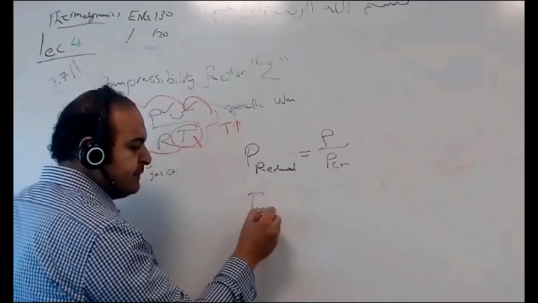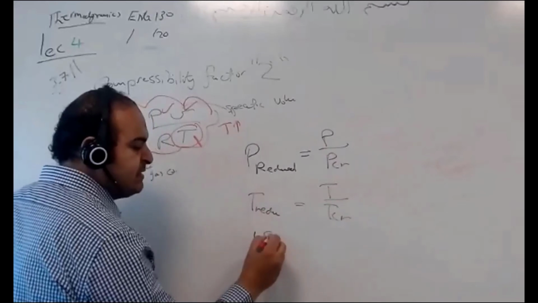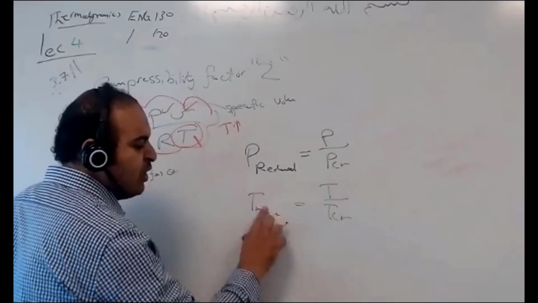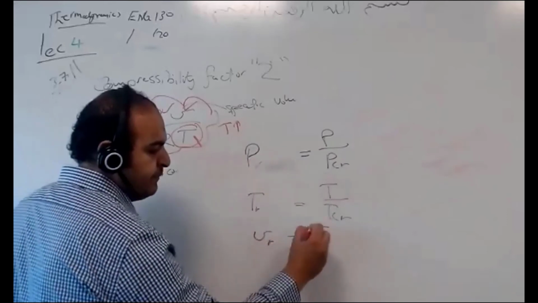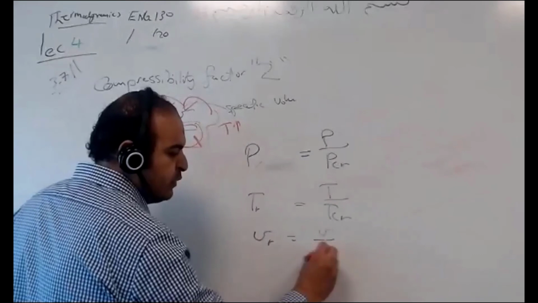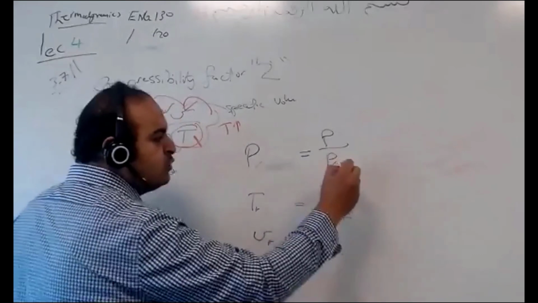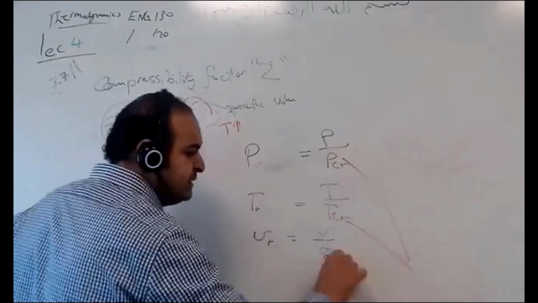T reduced is T over T critical. The same for specific volume reduced. We can use just R for simplicity. V reduced is v over v critical.